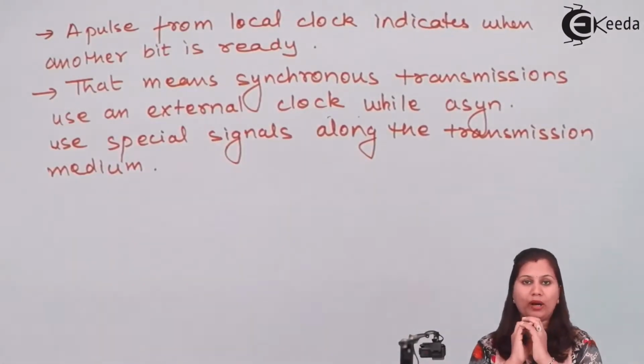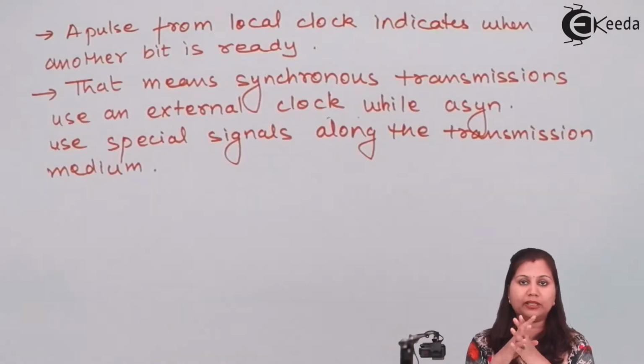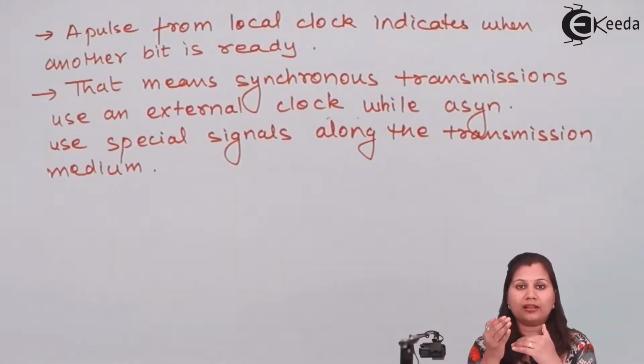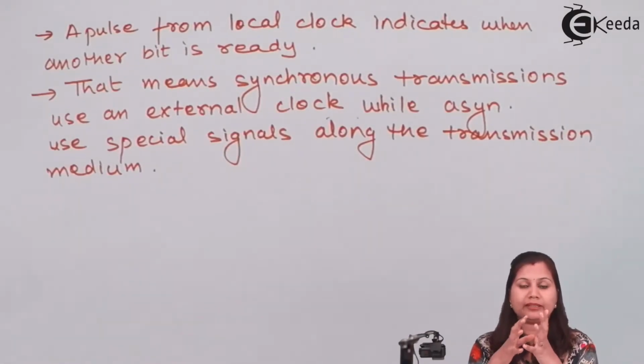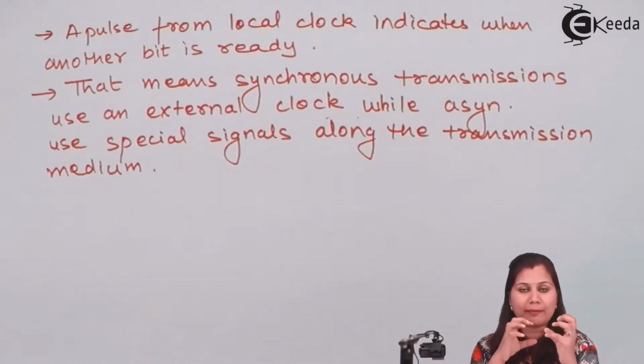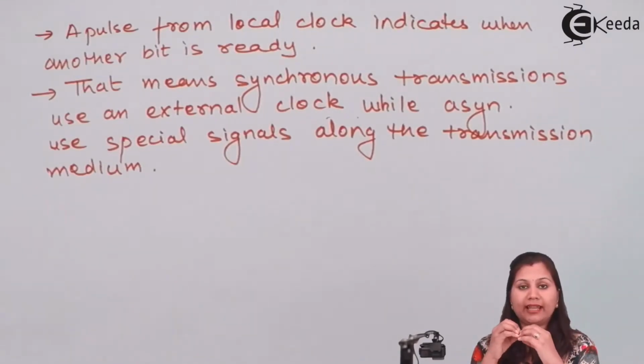It means that when one data bit is transmitted to the receiver, another data bit will be indicated by a local clock. So the receiver and transmitter are going to have separate clock pulses, and that separate clock pulse will indicate when another bit of data is ready.